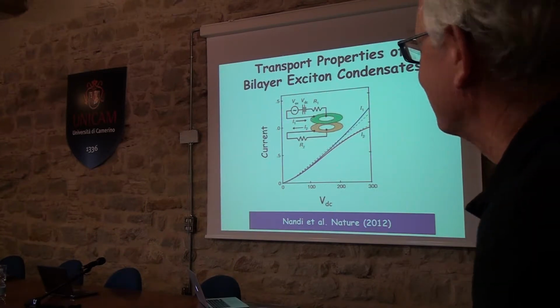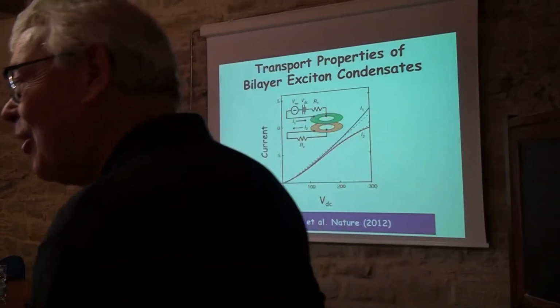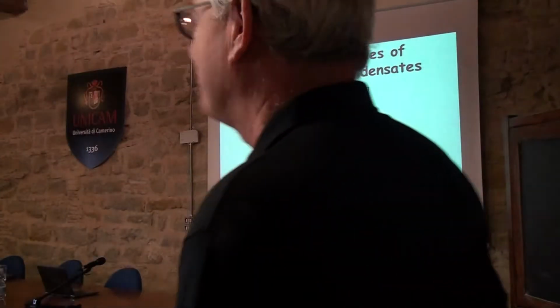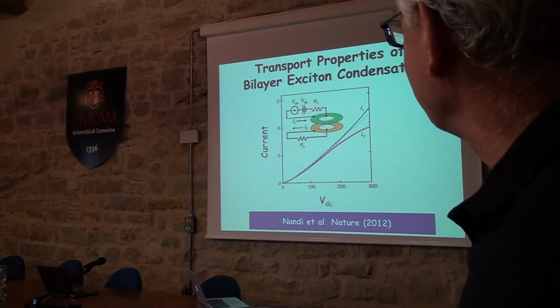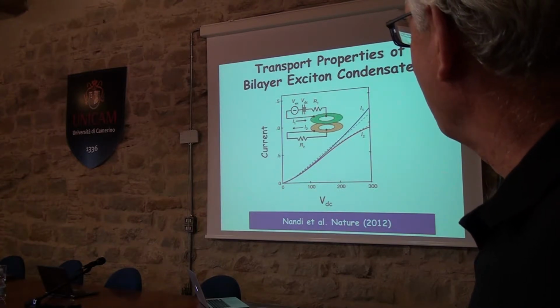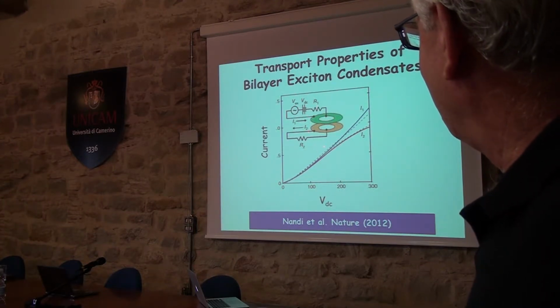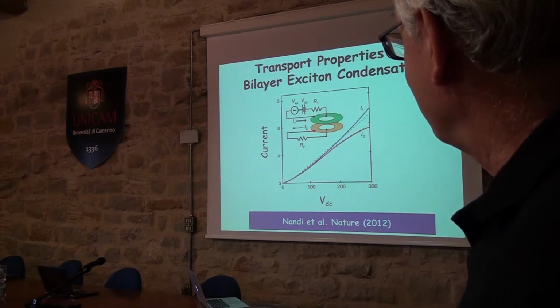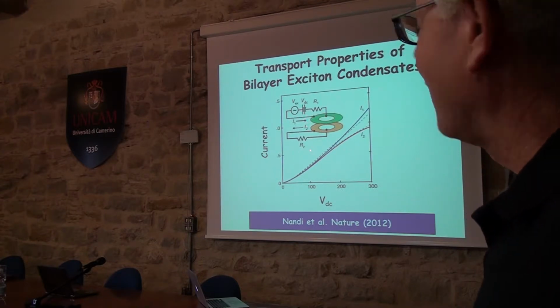So the end result is that even though there's absolutely no tunneling in this experiment, you have to trust me, for electrons to get from top layer to bottom layer, when you put a bias voltage in the top layer, currents flow, which you can measure externally through top layer and bottom layer.